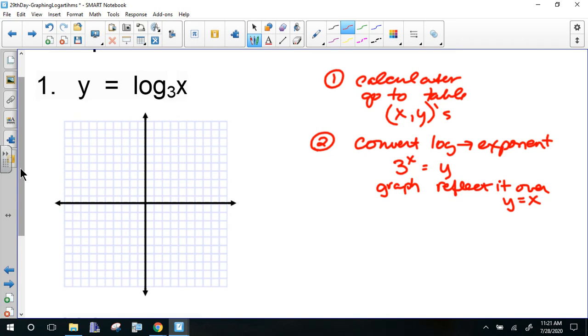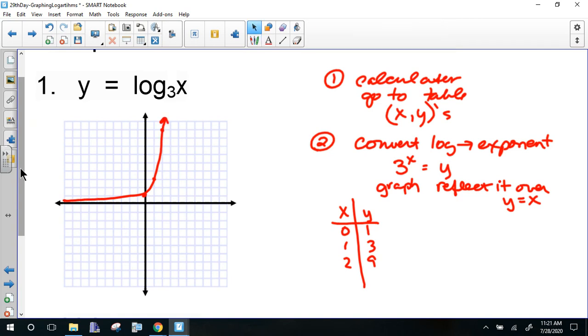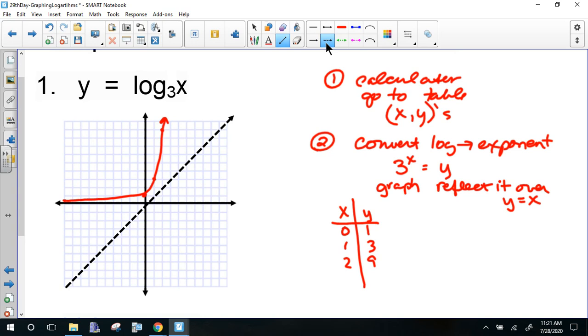So if we graph y equals 3 to the x, 3 to the 0 power is 1, 3 to the 1 power is 3, 3 to the 2 power is 9. If we plot those points, and we graph the line y equals x, I can flip my points.